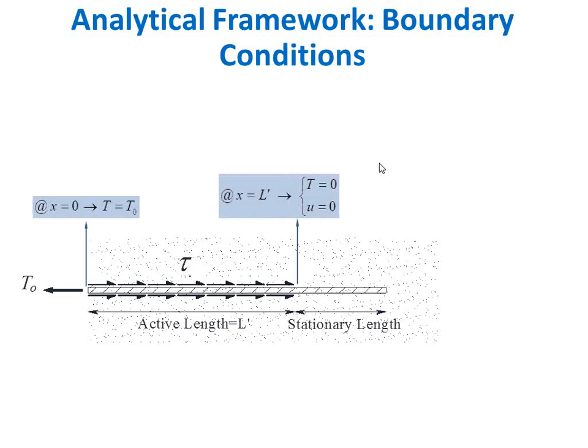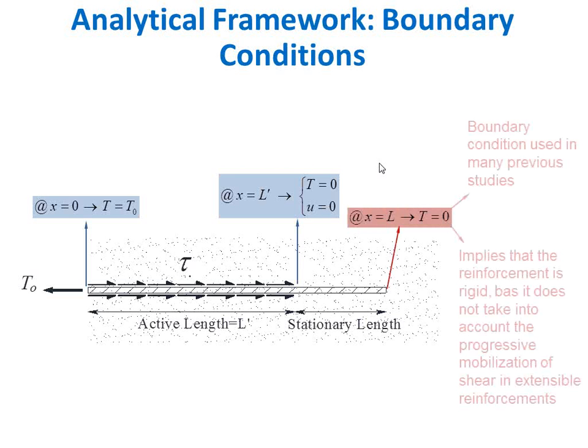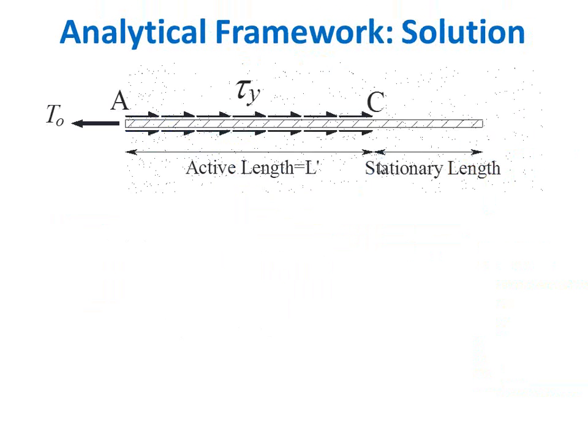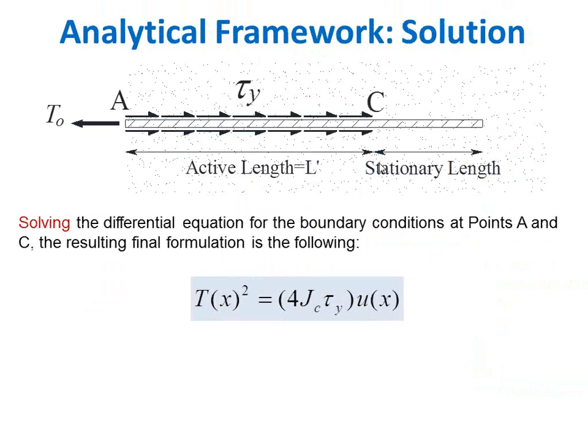And at this point, the tension is zero and the displacement is zero. This is not what has been typically done. This is what we're doing. But if we do this, life becomes so clean, because essentially this is it.